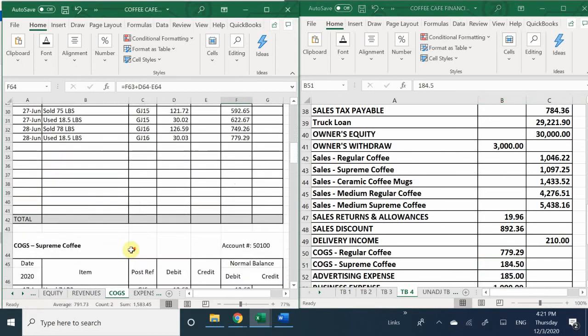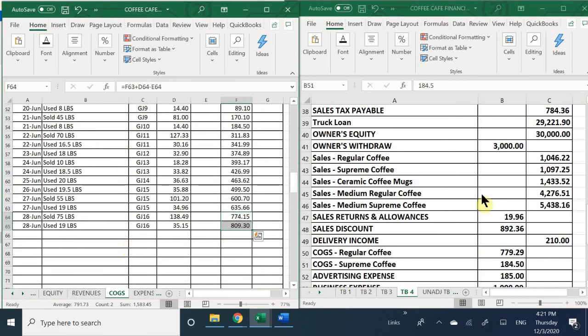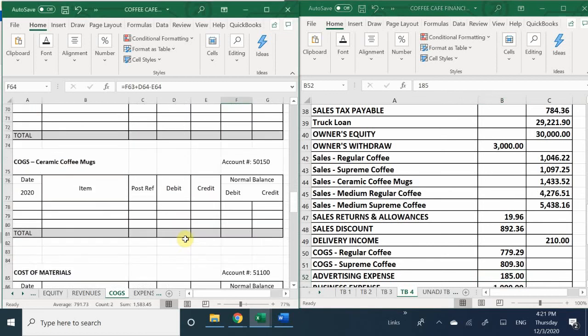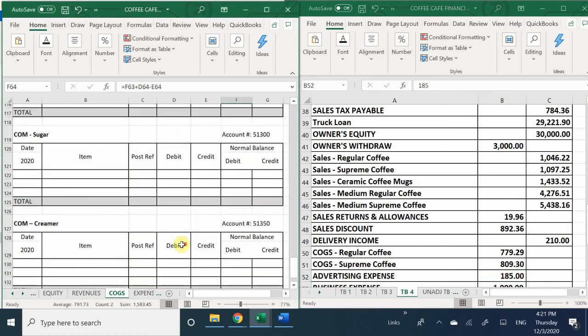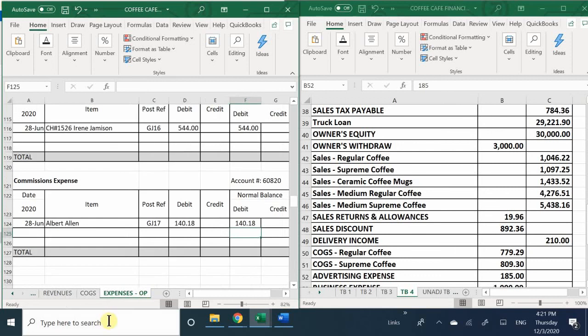And then our COGS for our Supreme? That is $809.30. All right, and I believe that's all the expenses for now because we will calculate cost of material at the end of the period.